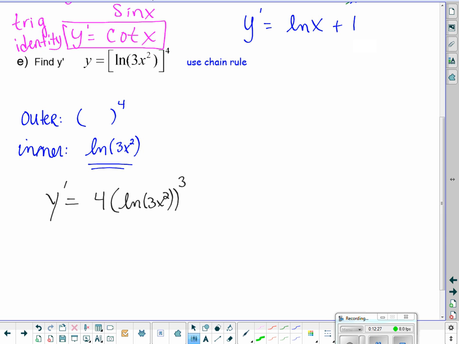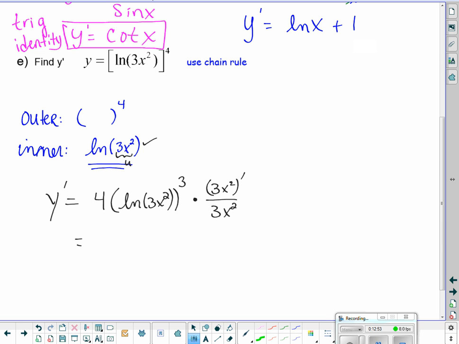We always called it the blob. 4 times the blob raised to the third. Chain off, so times. Now we take the derivative of the inner, and this is our new little piece we've learned. Here's our u, and we know the pattern is u prime over u. So I need to take the derivative of 3x squared and put it over u, which is 3x squared.